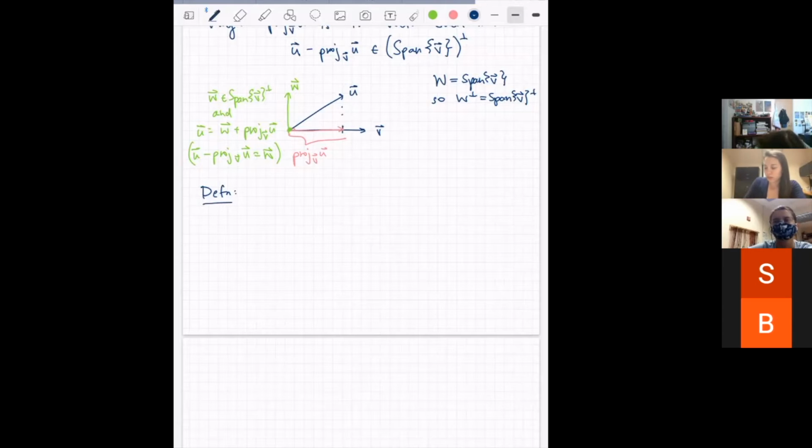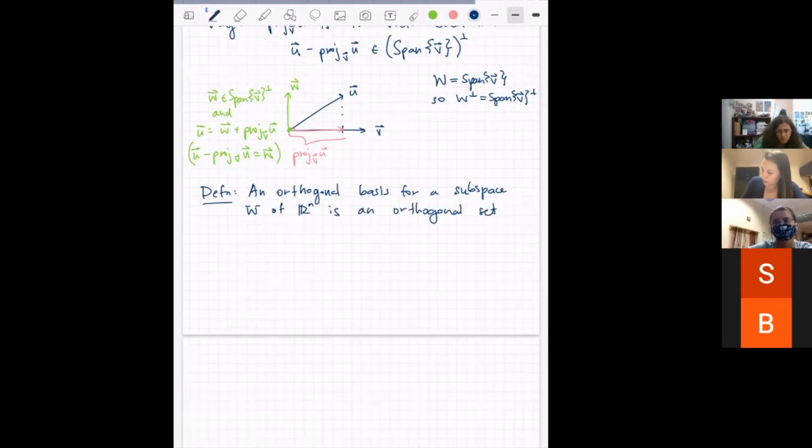An orthogonal basis for a subspace W of Rn is an orthogonal set that spans W.